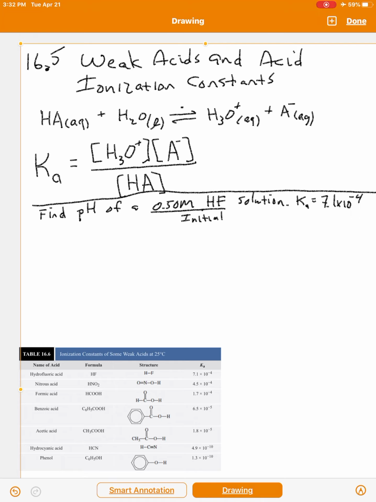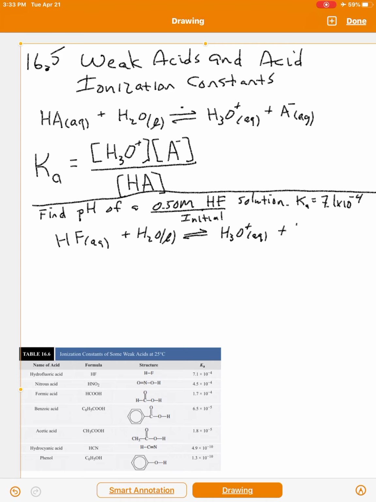Okay? So what we do is we write out the chemical equation for the acid reacting with water. And it's a weak acid, so it's reversible. If this were a strong acid, you would just write the forward arrow. Forms hydronium.